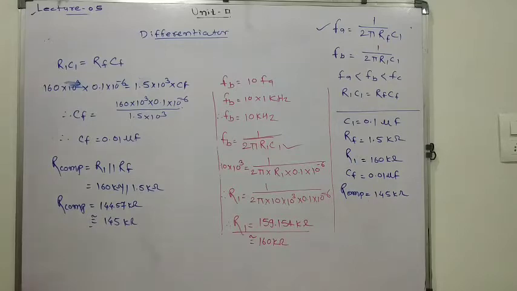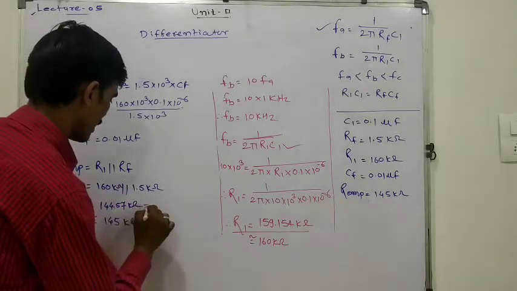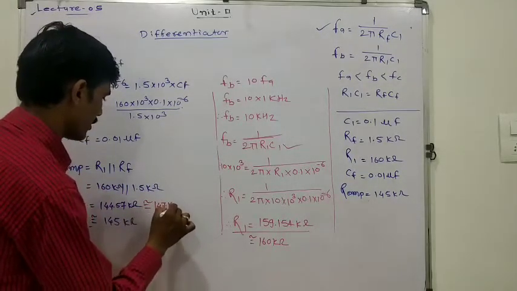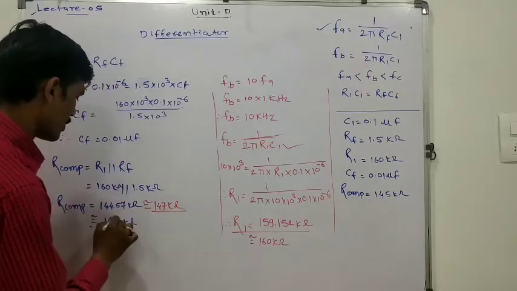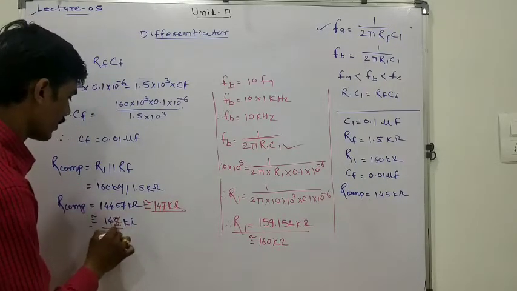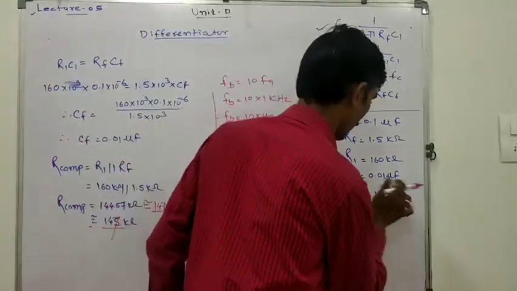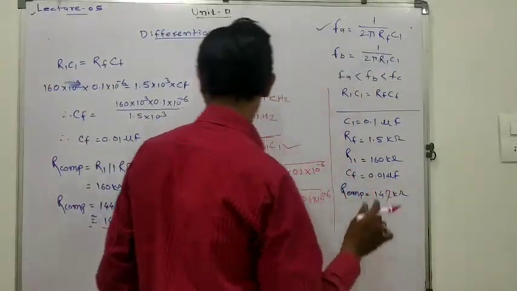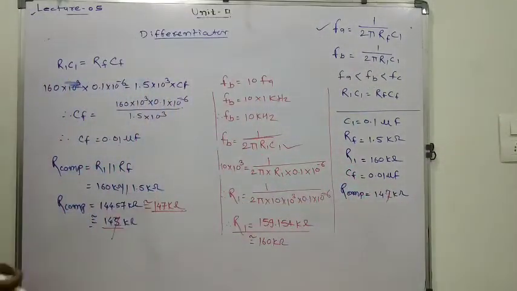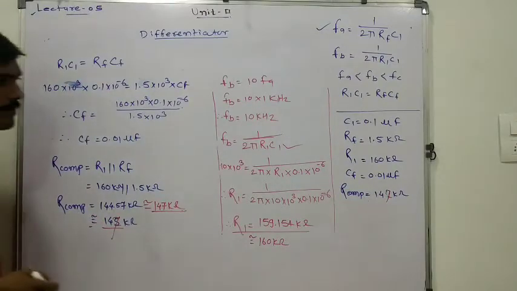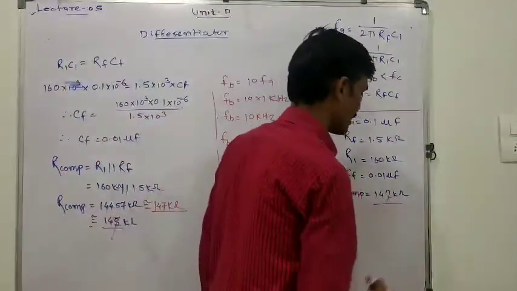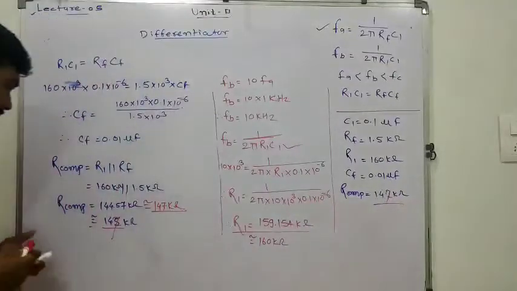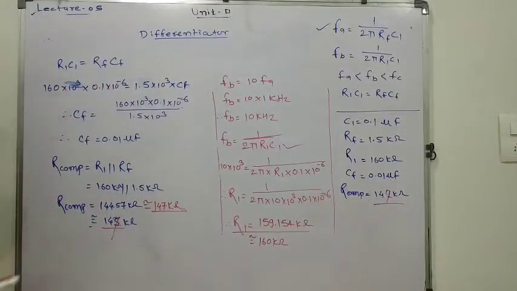Or the standard resistor available is 147k. Since a single resistor of 145 is not directly available, we can use 147 kilo ohm. That resistor is available, so by using a single resistor, you can connect the R compensating resistor.